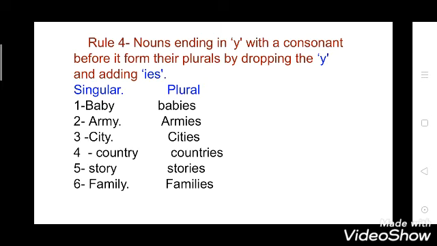Drop means y को हटा देना. Now see the fourth, country. Now it will become countries. Story, stories. Family, families. Please write these rules in your copy so that it is easy for you to understand.